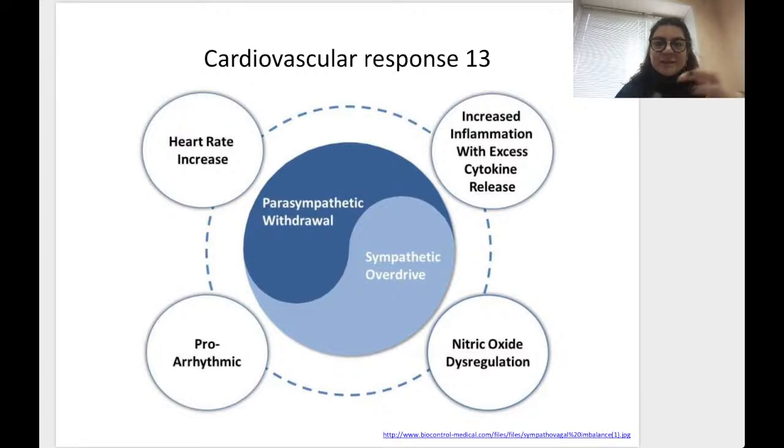First of all, it is an imbalance in the autonomic nervous system with parasympathetic withdrawal and sympathetic overdrive. It leads to an increase in heart rate. There is increased inflammation with excess cytokine release. There is nitric oxide dysregulation, and it has a pro-arrhythmic effect.